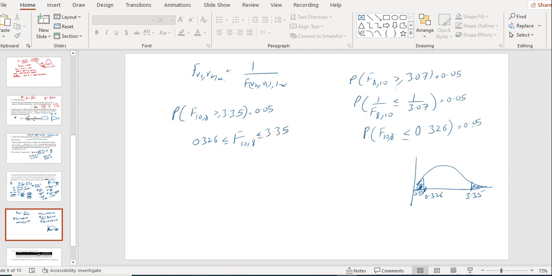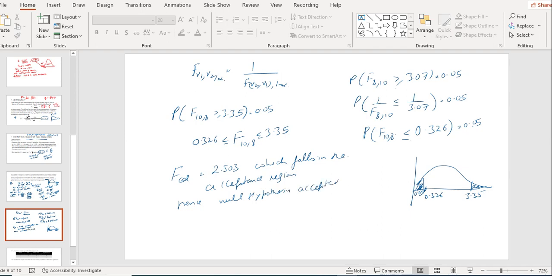This is the acceptance region, and because F calculated is 2.503, which falls in the acceptance region, hence the null hypothesis is accepted.